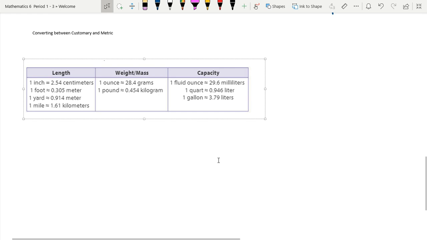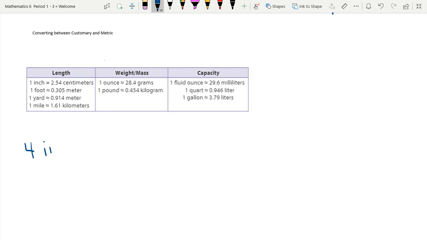So the same thing happens where we set it up as an equation. Let's say we're going to make it 4 inches is how many centimeters?